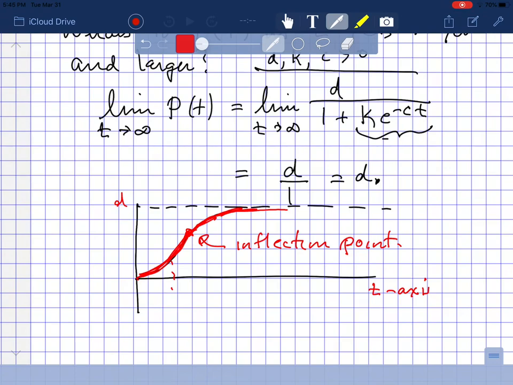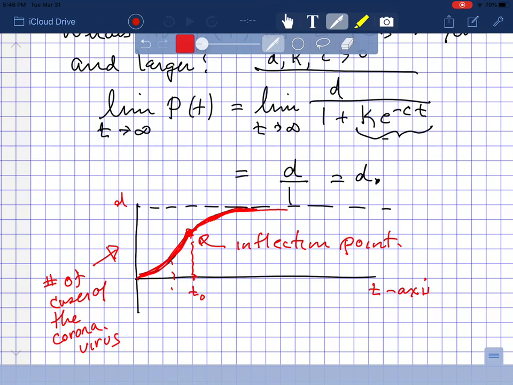Now, this logistics model actually models the number of cases of the coronavirus. So we can think of this as the number of cases of the coronavirus. And what we're trying to do is hit this inflection point as soon as we possibly can.